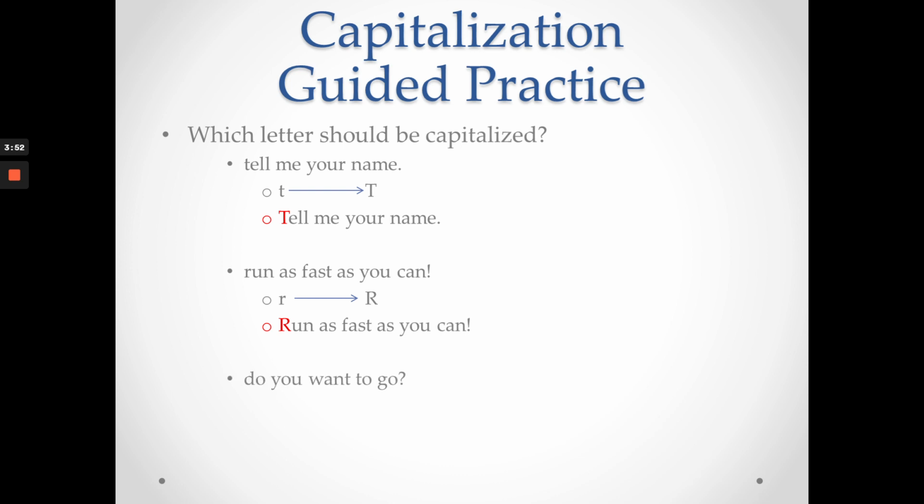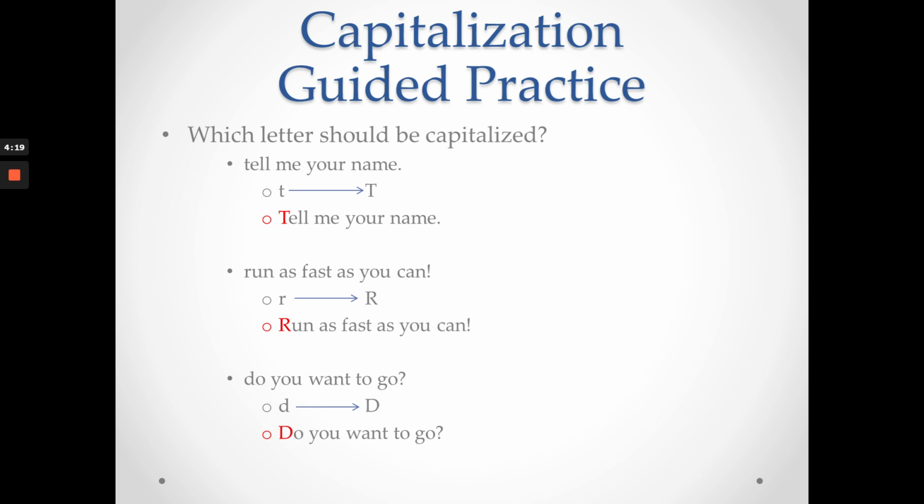Do you want to go? Which letter should be capitalized in this sentence? The letter D. So when we write our sentence in a grammatically correct fashion, it will look like this with our capital D at the beginning of the sentence.